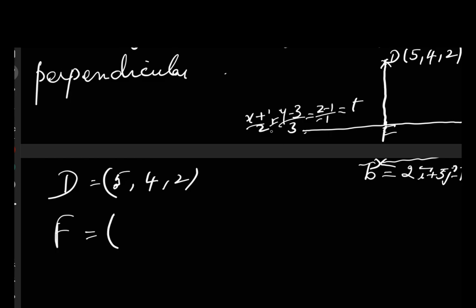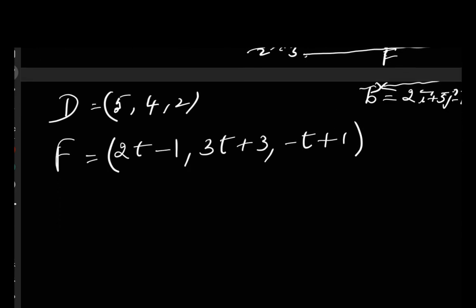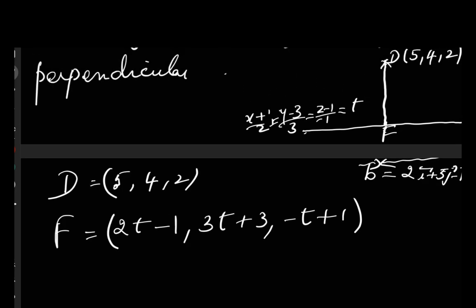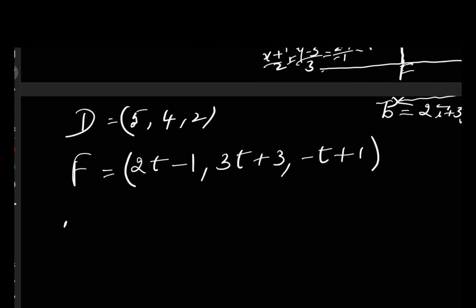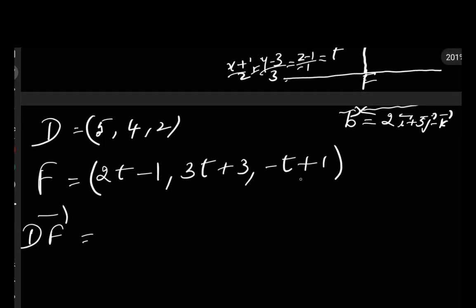Therefore the coordinates of F: (x plus 1) by 2 equal to t, so x is 2t minus 1, y is 3t plus 3, z is minus t plus 1. This is the point form of F. Take the segment DF: according to the vector formula, DF is OF, the position vector of F, minus OD.